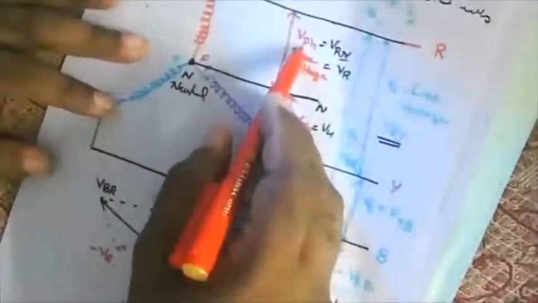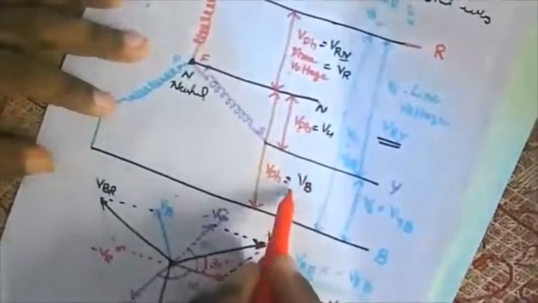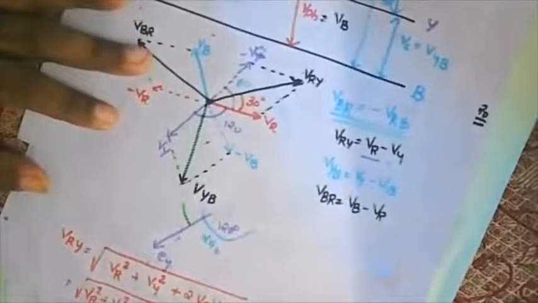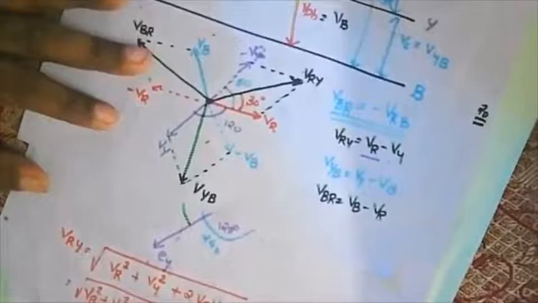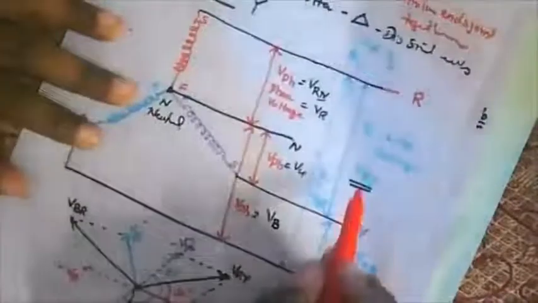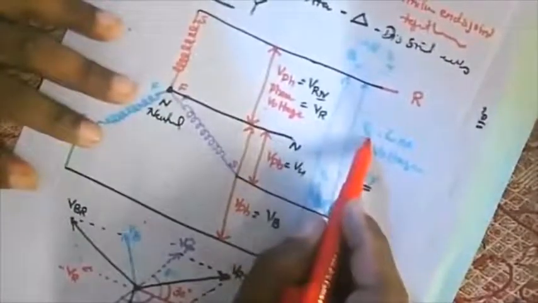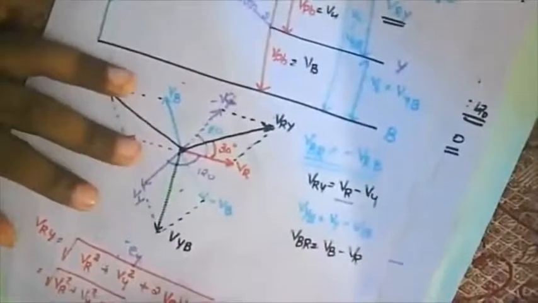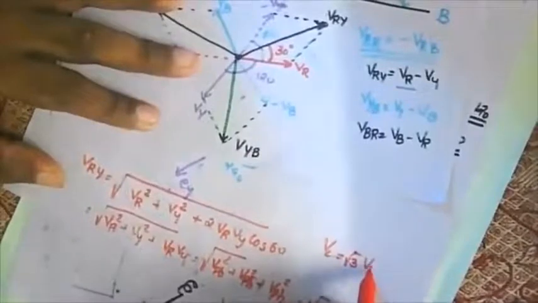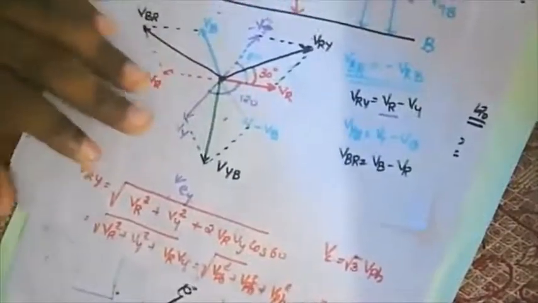VR is nothing but Vph. VY is nothing but Vph. VB is nothing but Vph. That is root of Vph squared plus Vph squared plus Vph squared, that is equal to root 3 Vph. VRY is nothing but VL. So I can write VL is equal to root 3 Vph.